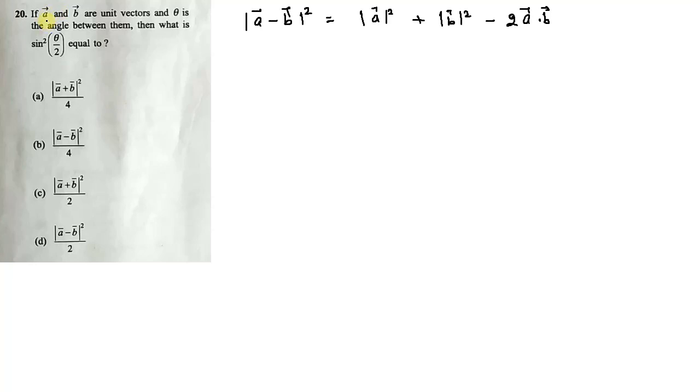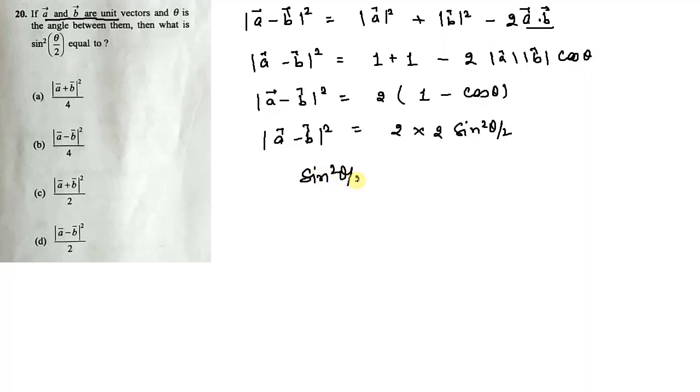As it is given that a vector and b vector are unit vectors, we can write this as a vector minus b vector, whole square, is equal to 1 plus 1 minus 2 times a vector dot b vector, which is magnitude of a vector, magnitude of b vector, cos theta, where theta is the angle between these two vectors.